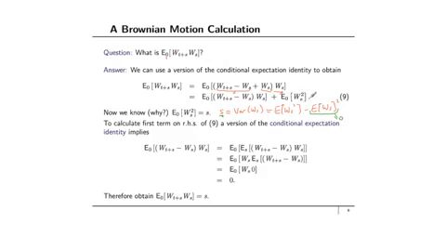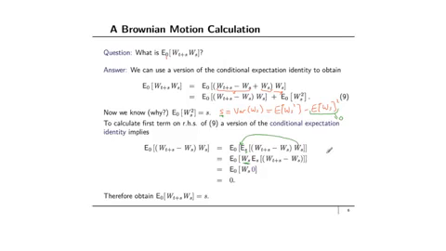How about the first term? Well, a version of the conditional expectation identity implies the following. I want to compute the expected value of W(t+s) minus W(s) times W(s). What I'm going to do is first condition on time s information. So I can rewrite this expectation by conditioning first of all on time s information. I get W(t+s) minus W(s) times W(s). Conditional on time s information, this W(s) term can come outside this inner expectation, which is where it is over here. And I'm left inside the inner expectation with W(t+s) minus W(s).